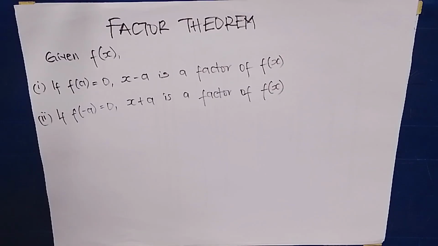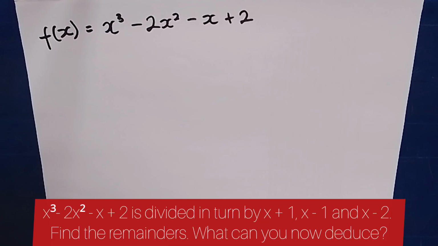Now let's try out an example to prove this. So in this example, we are given a polynomial as seen there, and we're told that it's divided in turn by 3 different divisors, x plus 1, x minus 1, and x minus 2. We are asked to find the remainders, and what can we deduce from finding the remainders.